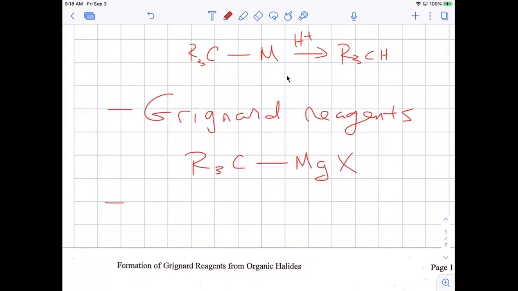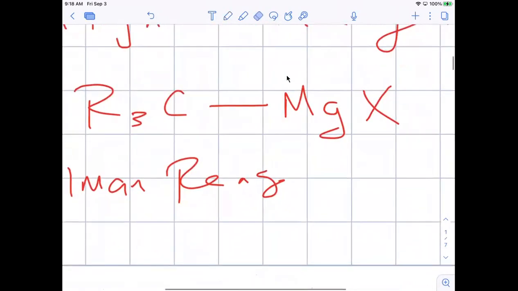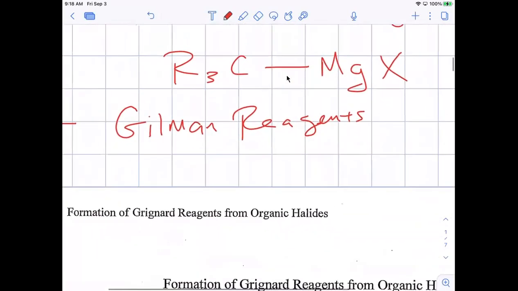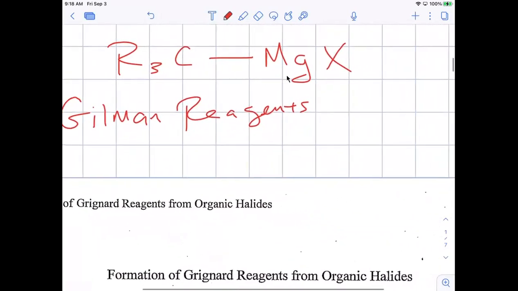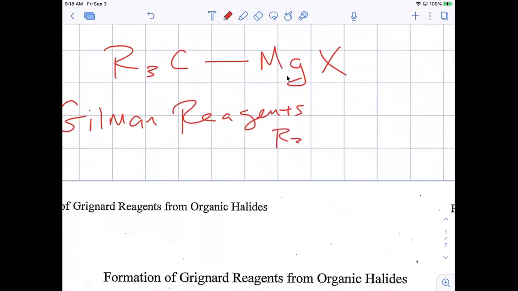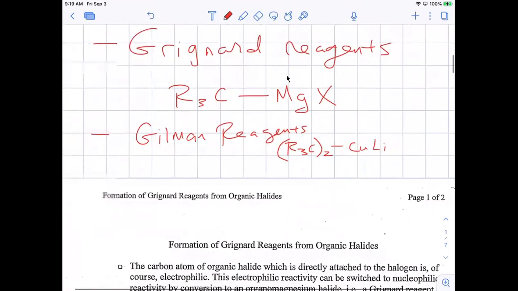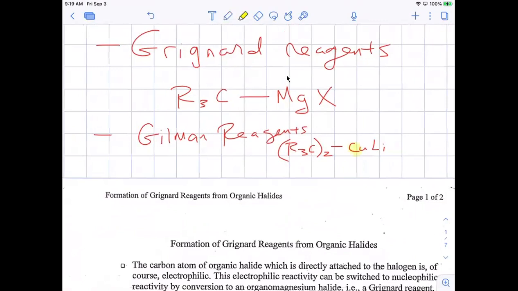So we'll talk about Gilman reagents, where your carbon-metal bond is between carbon and copper, right? So for the Gilman, copper is your metal. For the Grignard, magnesium is your metal, but they all react in a similar fashion.